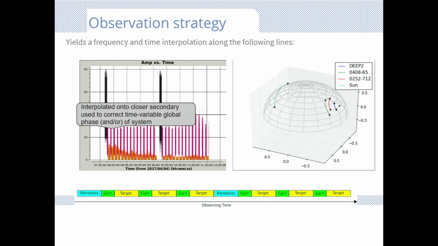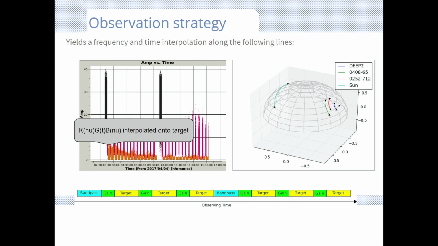And with those two solutions combined, we can interpolate onto our target field, which is indicated there in orange. Those solutions, to first order, are just delays, constant offsets in frequency; varying with time, the gains; and then the bandpass, which is just a frequency variable effect.